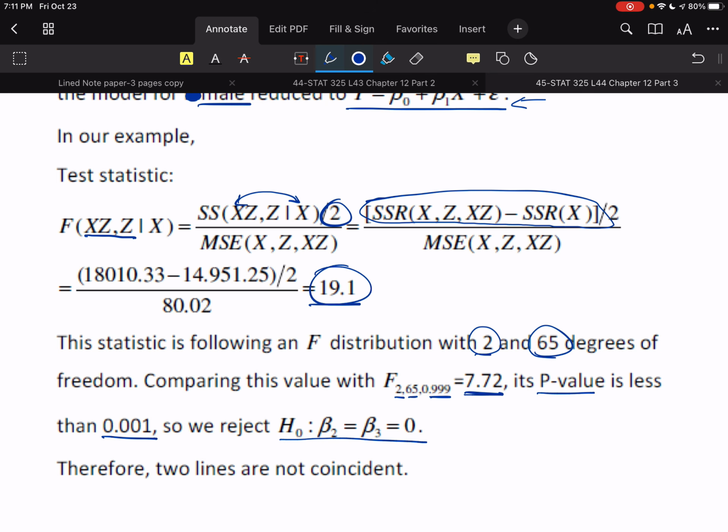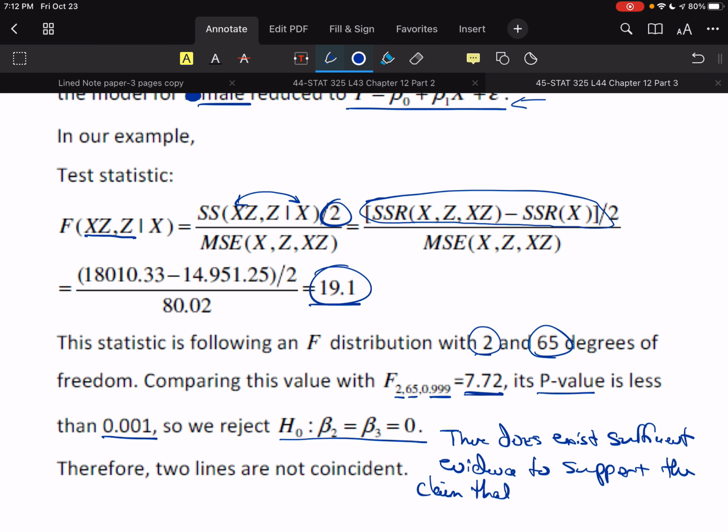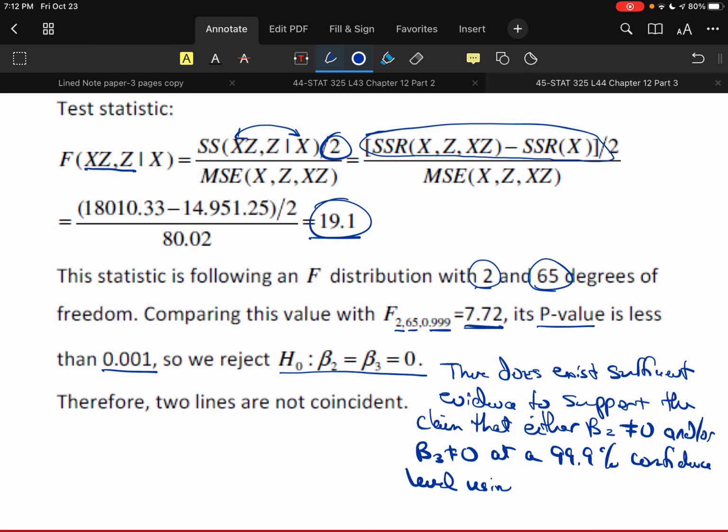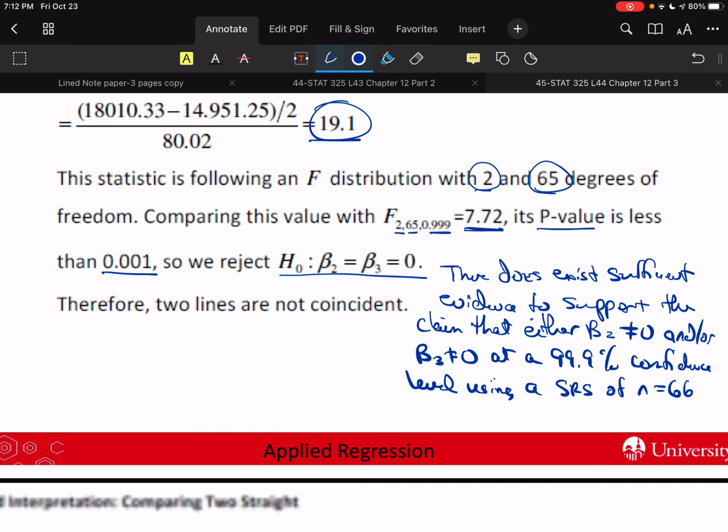It says the lines are not coincident, so there does exist sufficient evidence to support the claim that either beta 2 not equal to 0 and/or beta 3 not equal to 0 at a 99.9% confidence level using a simple random sample of n equals 66. Okay. The lines are not coincident.